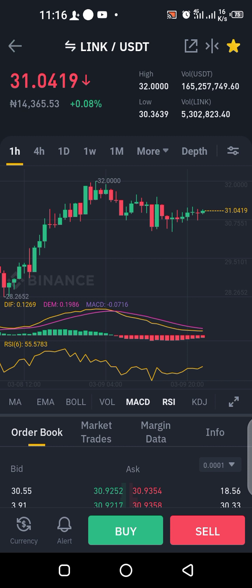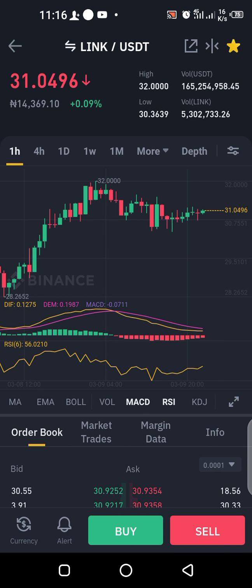Is it consolidated? If you check the daily chart, is it bearish, bullish, or consolidated? Now if you check the hourly chart, is it bearish, bullish, or consolidated? Your answer to those questions will give you a go ahead to either enter the market.